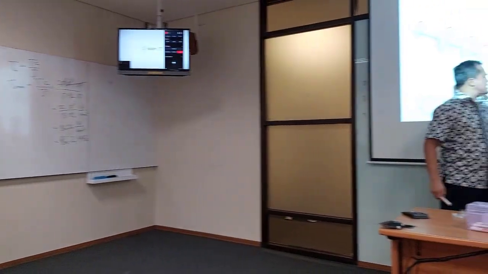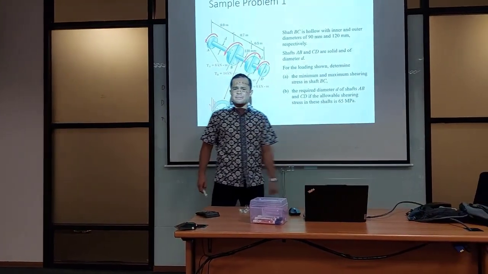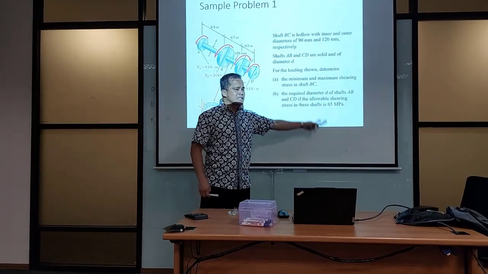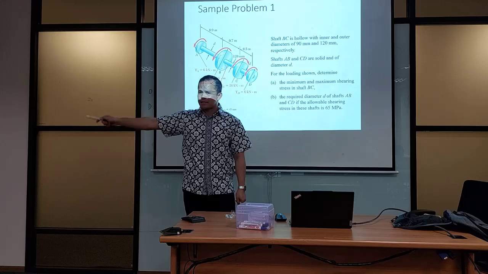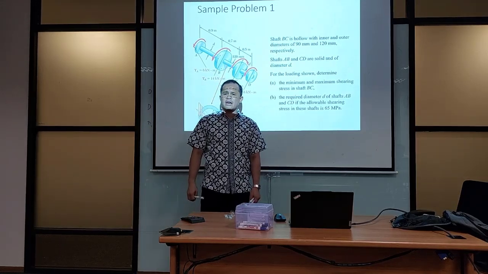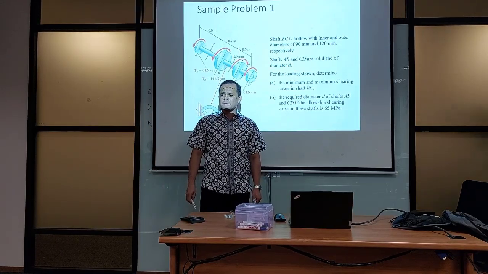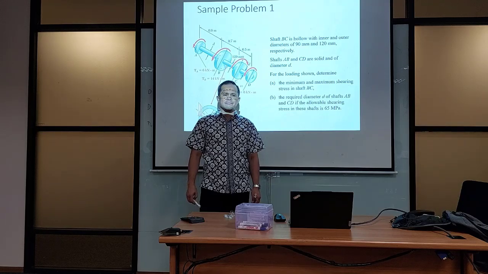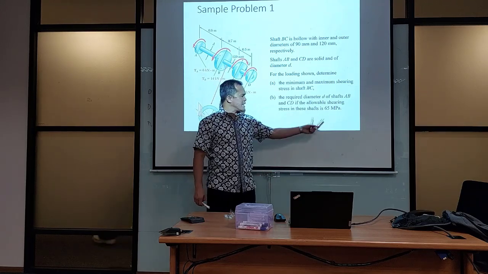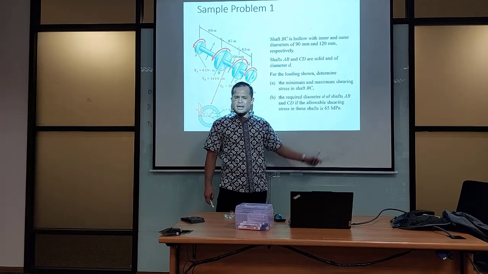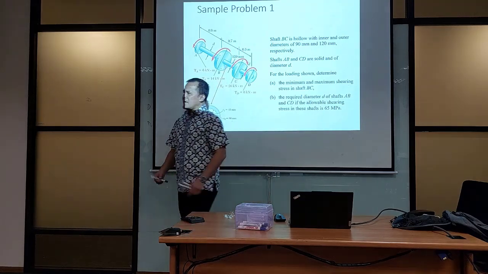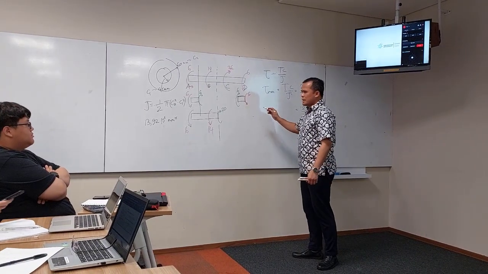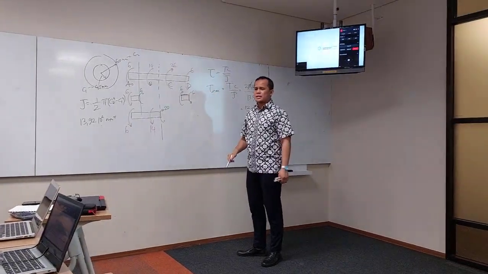If the allowable shearing stress is 65, the applied stress is 86. My question, will your shaft fail or not? Because it exceeds the limit. Sean just mentioned it will fail.